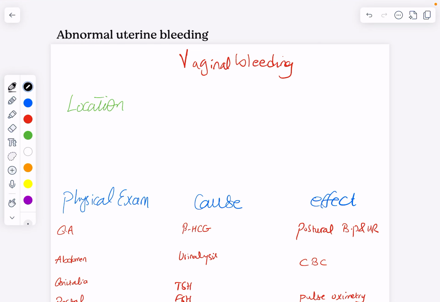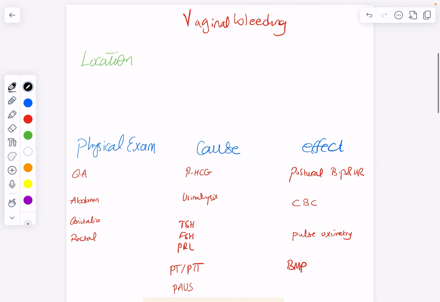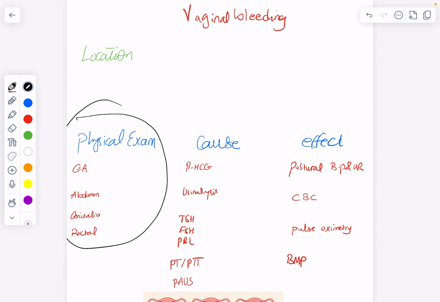So in this video, I'll show you how to approach a CCS case about vaginal bleeding. First off, you need to decide the location where you're going to manage the patient, but that only happens after you do a physical exam, because when you do a physical exam to determine the cause, you also want to determine the patient's general condition, whether this patient is unstable or not, also based on their vitals and how much she's bleeding, if she's changing her pad or tampon every hour, she's passing blood clots.